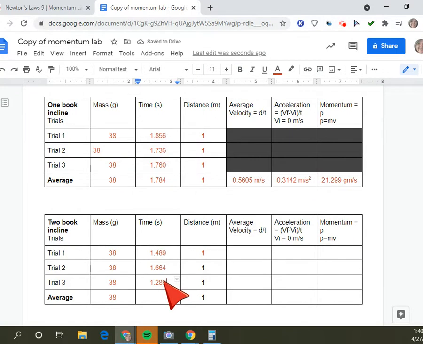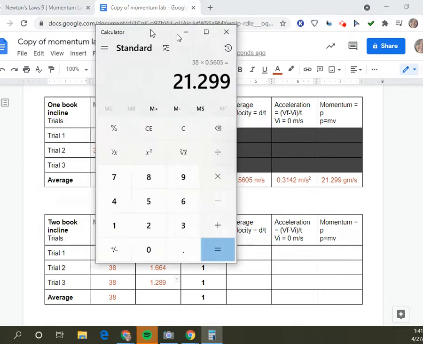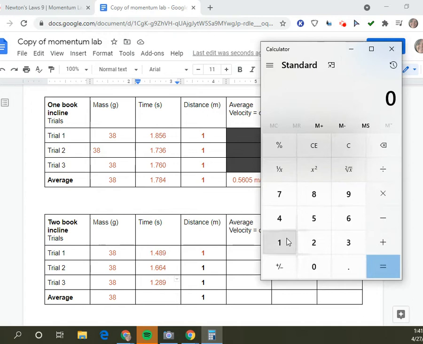And remember, could be my error. It could be when I'm clicking it. It's a human error. That's one reason we have to do averages when we do trials, because we are just human. We are not perfect. So let's go ahead and get this average done. Add up the numbers and divide by the number of numbers.